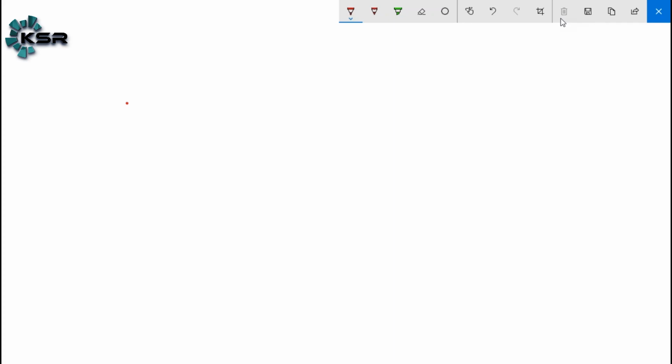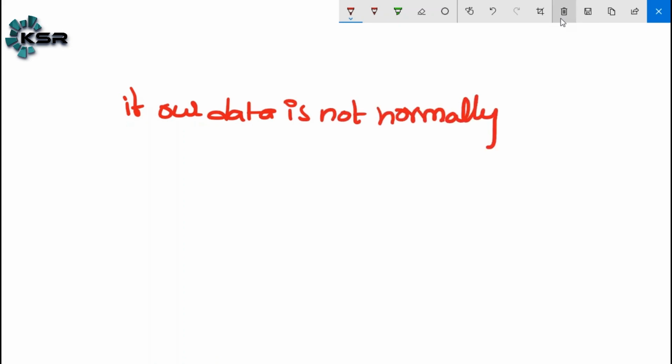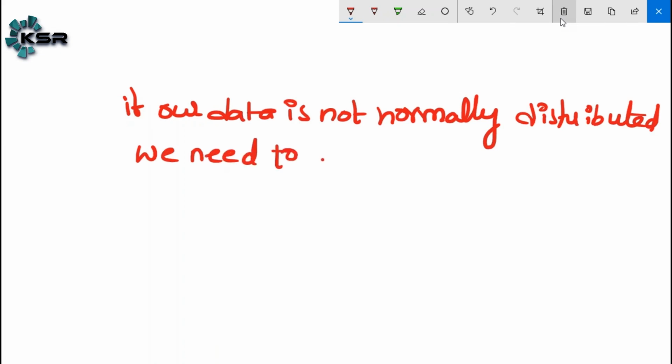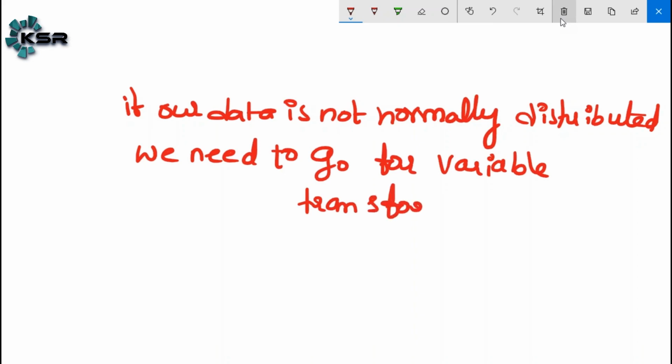If our data is not normally distributed, we need to go for variable transformations.